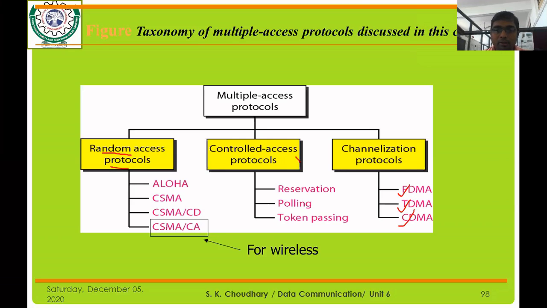It is not in our syllabus, so we exclude it. Today we will learn random access protocols: Aloha, CSMA, CSMA-CD, and some introduction of CSMA-CA. In the syllabus they only ask about Aloha and CSMA, and they do not go into detail, but we will discuss this in detail.